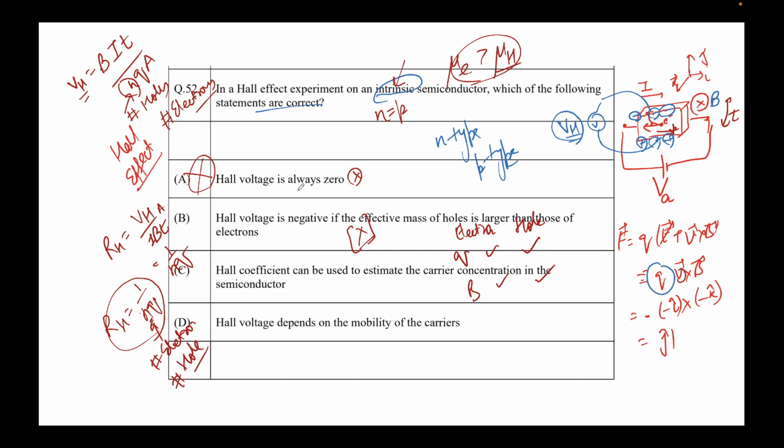For an extrinsic semiconductor, this was easy, because there the electron concentration is N boron, which is greater than P silicon. So there N boron dominates P silicon, and it's easy to estimate, but this is an intrinsic semiconductor, so this statement is also not correct. The only statement left is that Hall voltage depends on the mobility of the carrier. This is the only statement that fits among these two.